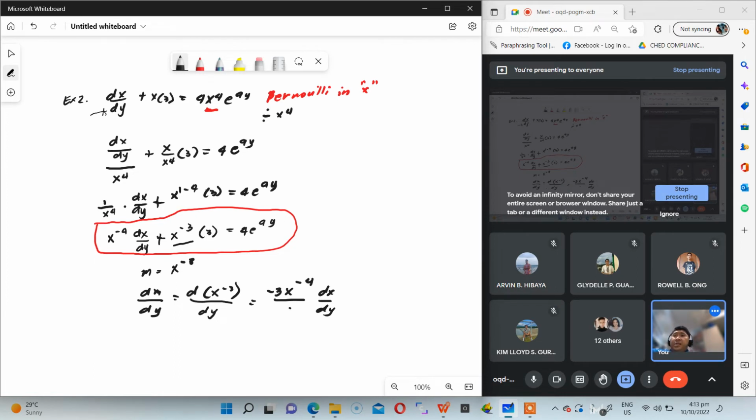So, mamatikdan dyan mo kanunay nga this one is higher with the other power with 1. Okay? So, this is negative 4, this is negative 3. Okay? Nadyo na usa kay pag-derive nimo mo equal man jud ni dapat ani sa pikas. So, from there, your dm over dy is equals to negative 3 x raised to the power of negative 4 dx over dy.